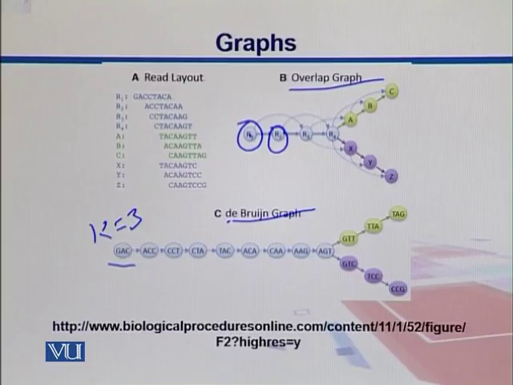From one read we can have so many k-mers, and in the end we are comparing each nucleotide to each other nucleotide in that complete data set. So it's really complicated, by the way.